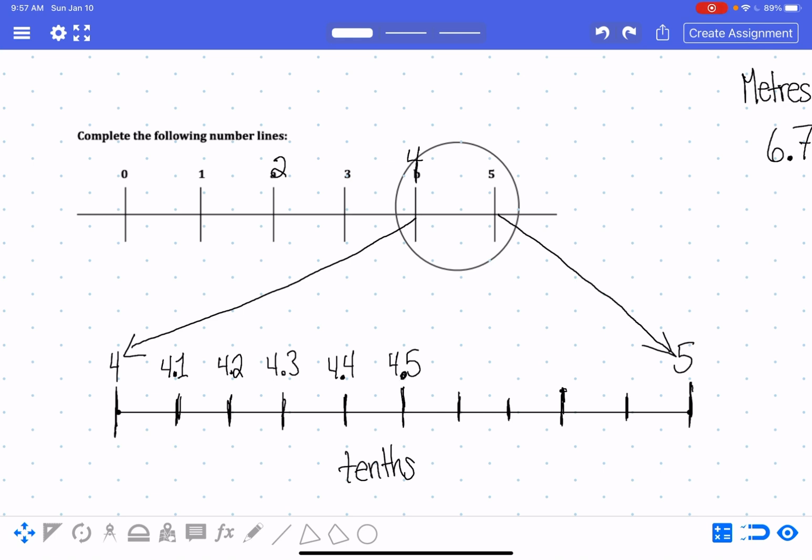Now 4.5 is the midway point between 4 and 5, right? When we're counting up by tenths. This number here would be 4.6. This number here would be 4.7. This number here would be 4.8. And finally, 4.9. So all we've done is we counted up by tenths.